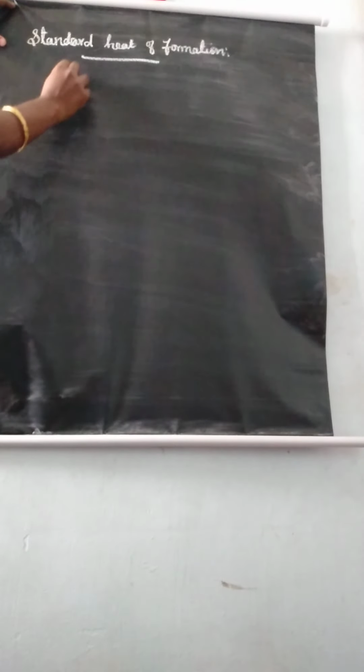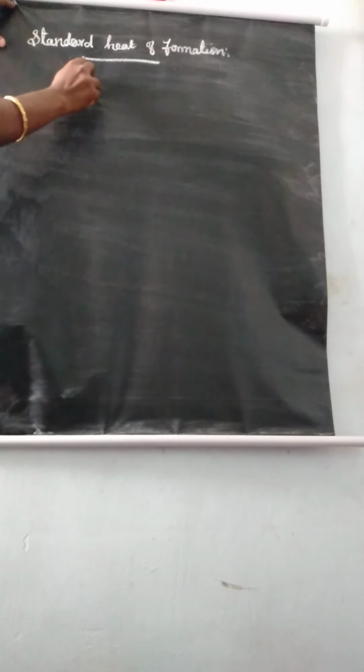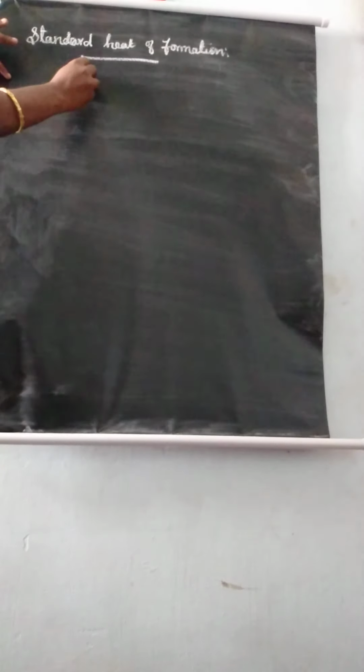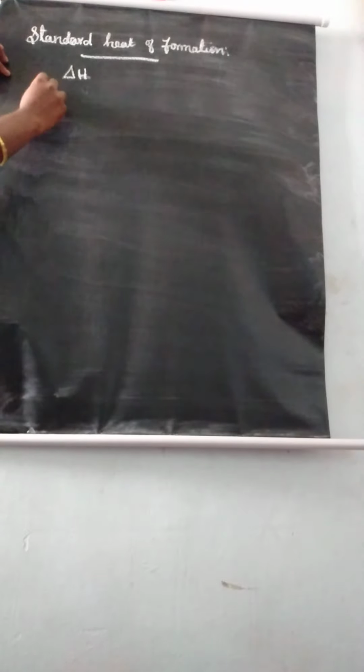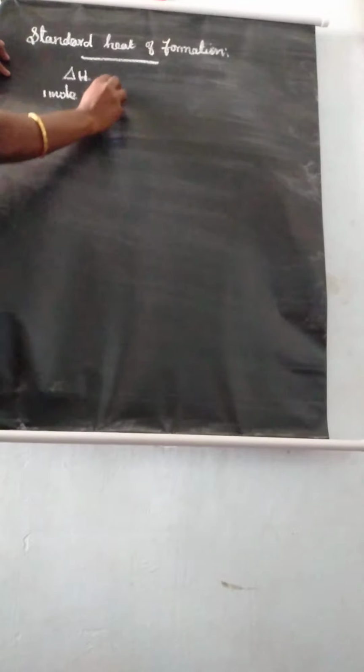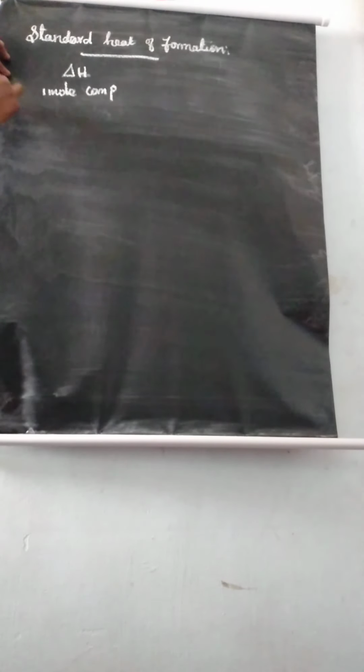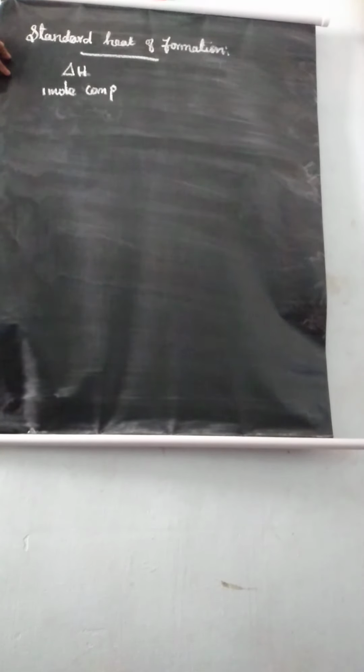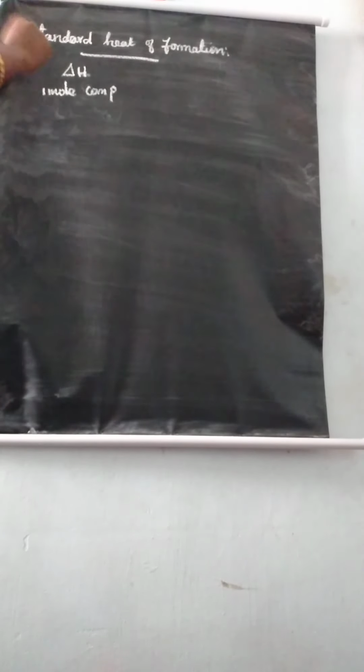The next topic is standard heat of formation. Standard heat of formation is defined as the change in enthalpy that takes place when 1 mole of a compound is formed from its elements.